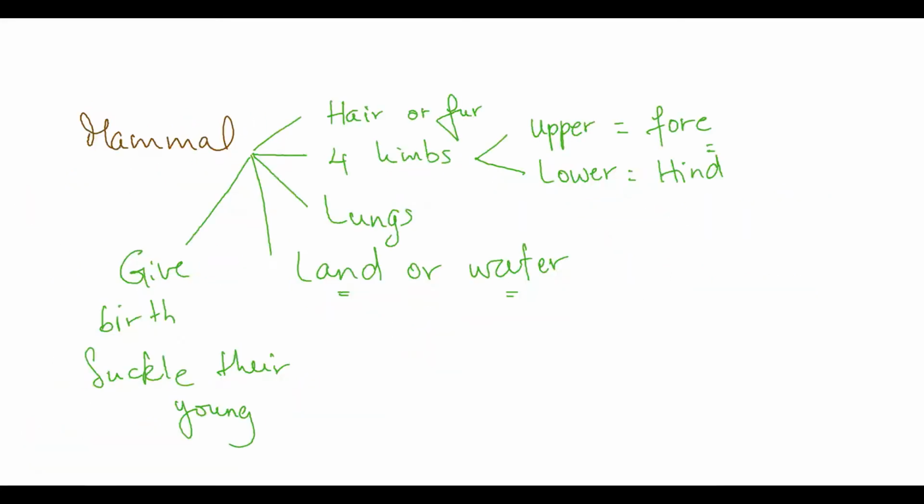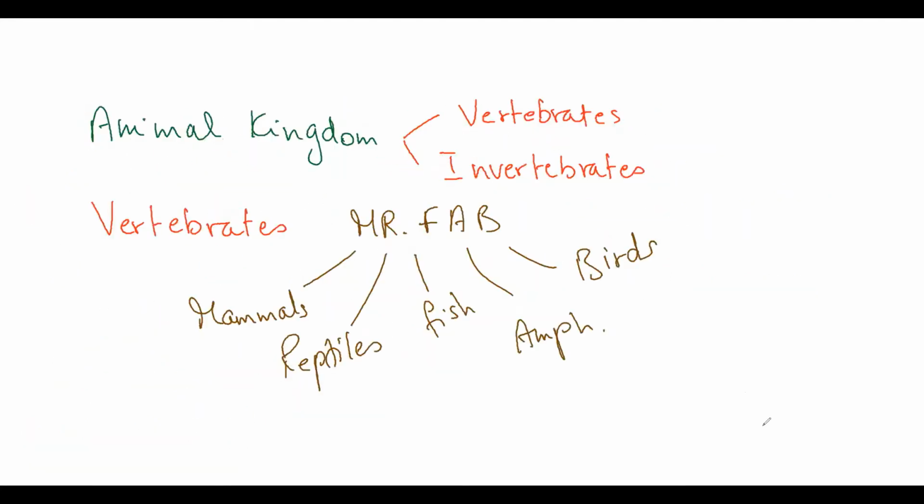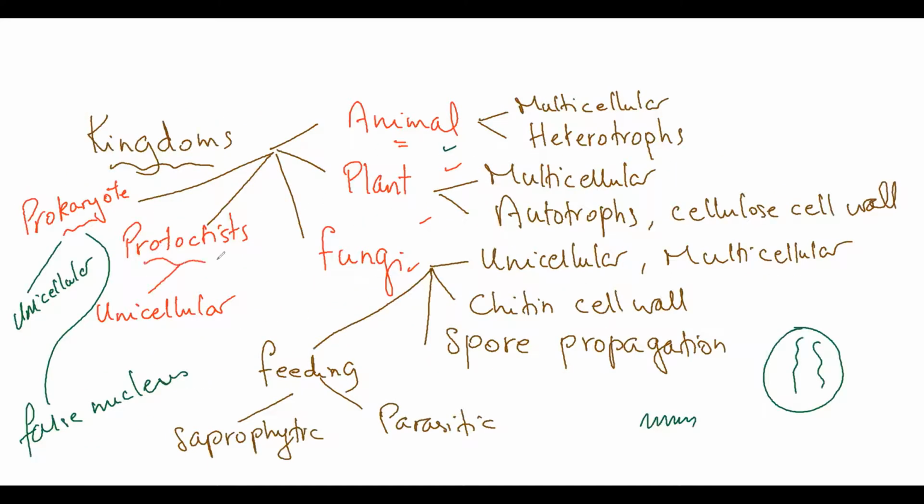Where are they? Here they are. Protoctists, as I said, are unicellular organisms and they have a great diversity. They were put in one group because they gather information from all other kingdoms. Fungi, these are the only information about them: they are unicellular or multicellular.